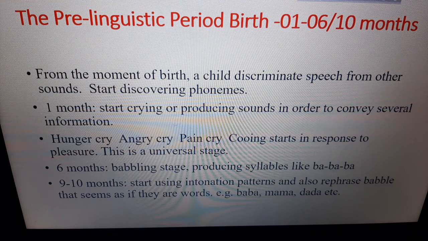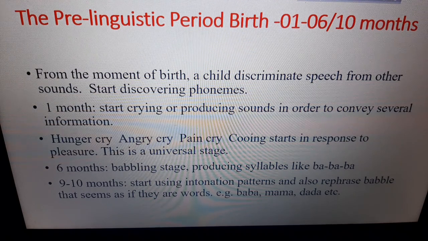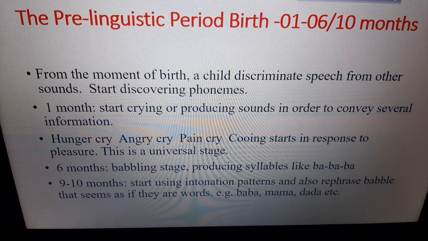Cooing starts in response to pleasure. This is a universal stage. At 6 months, babbling stage, producing syllables like ba ba ba. At 9 to 10 months, they start using intonation patterns and also repeat babble that seems as if they are words, for example, baba, mama, dada, etc.